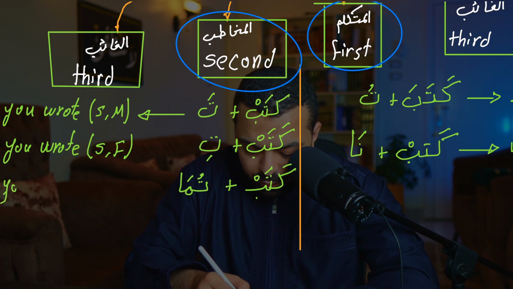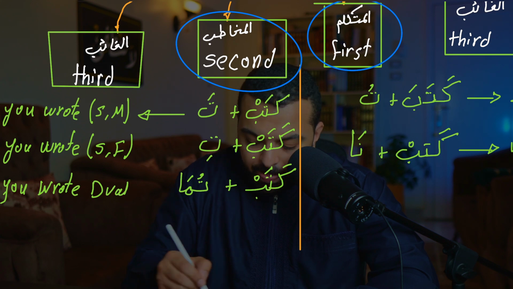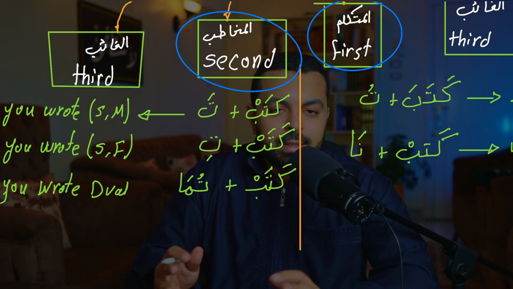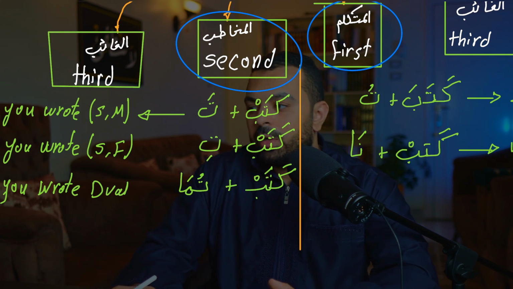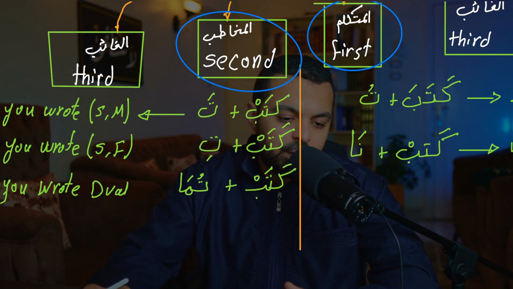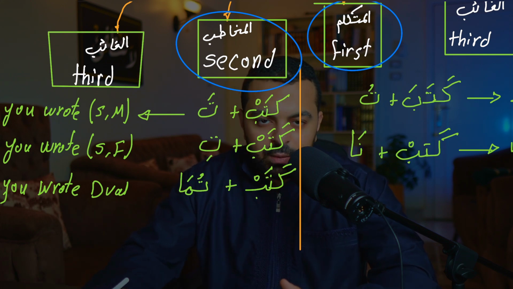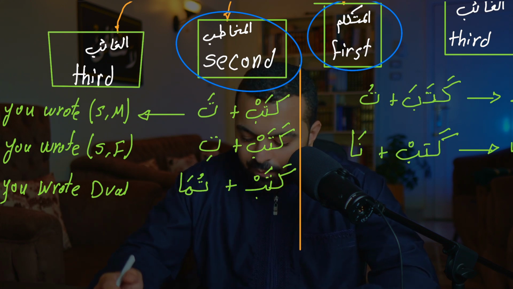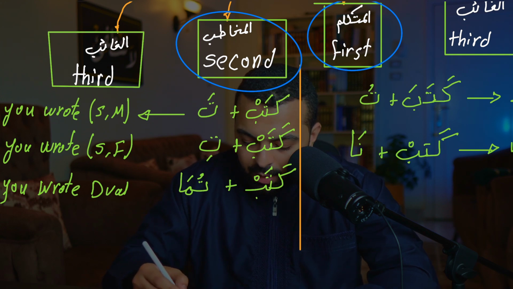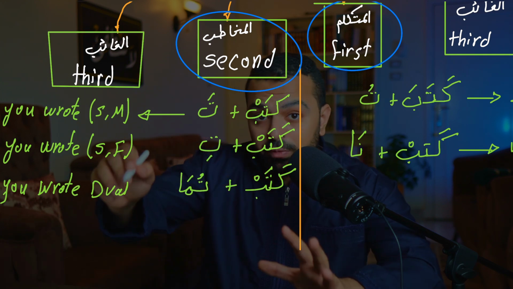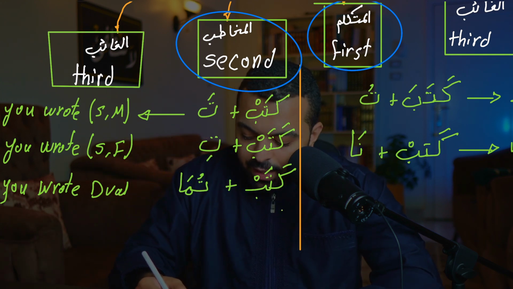That means you wrote, for dual. And listen, this dual can be both masculine, both feminine, or mixed, one masculine and one feminine. كتبتما.